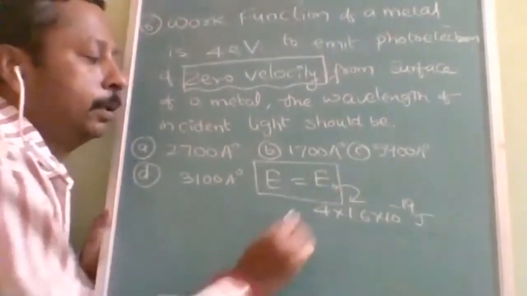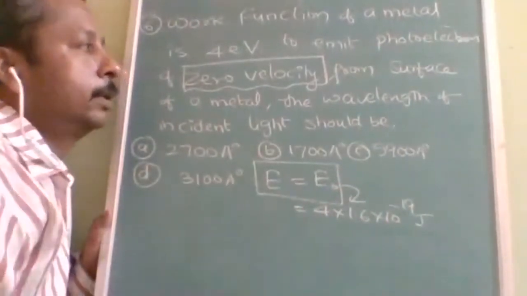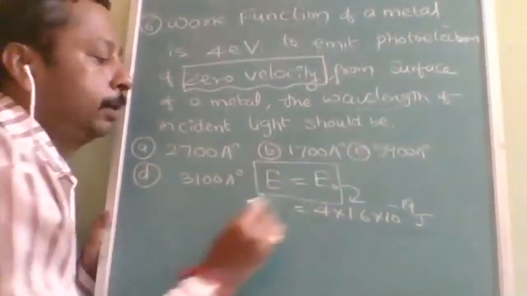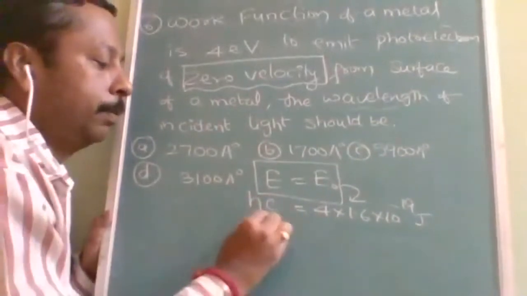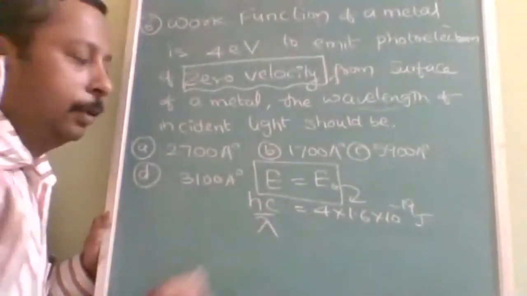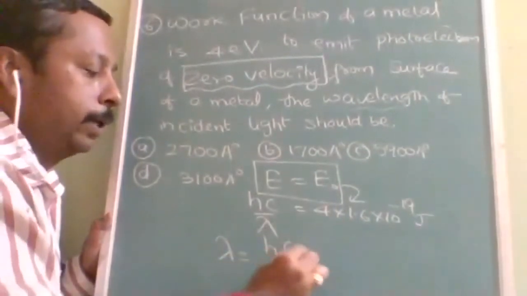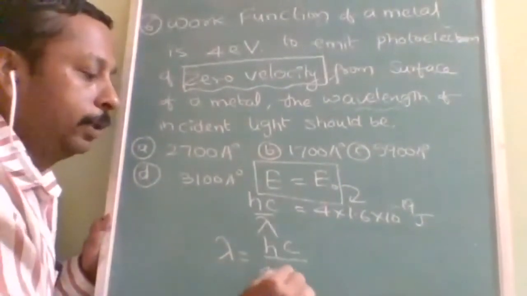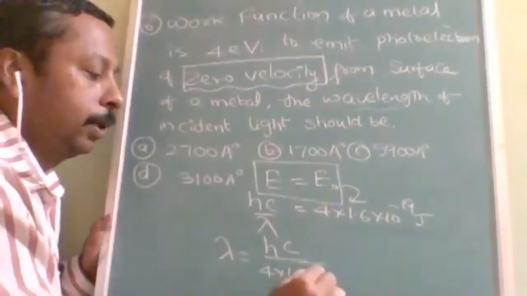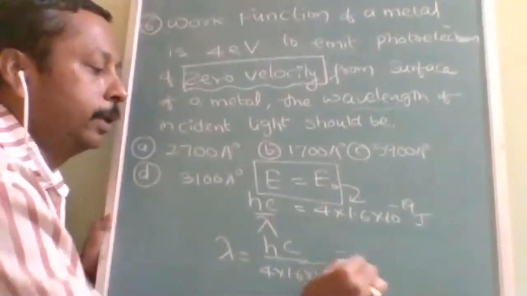Now we want to find out wavelength. So what is the formula? hc upon lambda. So lambda is equal to hc upon 4 into 1.6 into 10 to the power of minus 19.